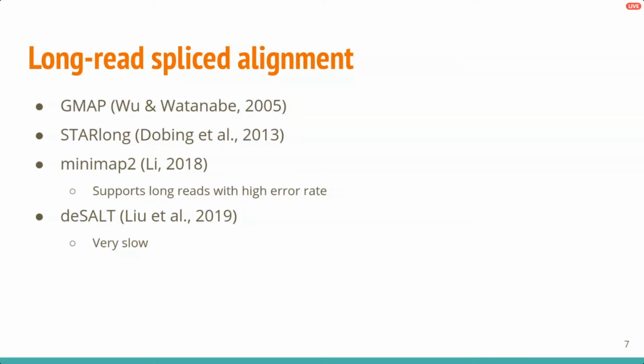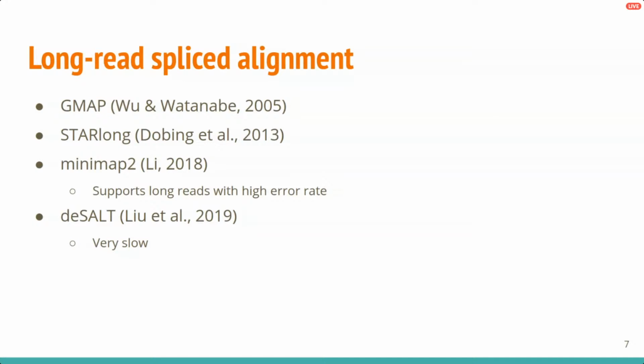Later we got STAR, which has a special mode called STARlong for long-read sequencing alignments. But both GMAP and STAR are not designed for error-prone long reads. They're designed for correct transcript sequencing with a very low error rate. So they can be applied to PacBio HiFi, but not to raw PacBio reads or nanopore.